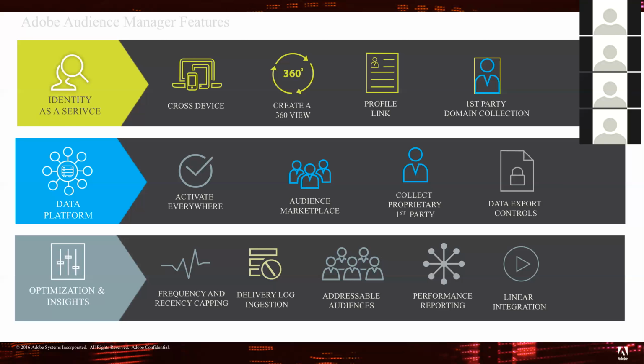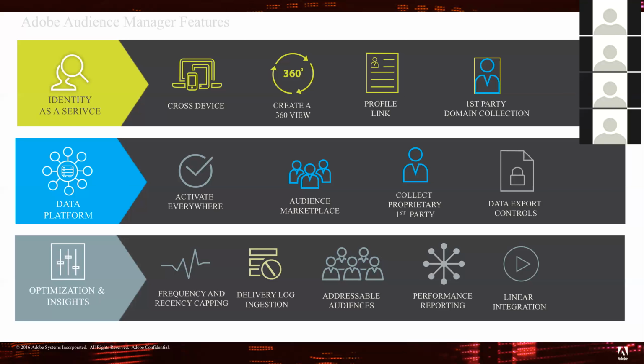Then there's another feature we're going to talk about in a second called lookalike modeling, where I can say, here's my 100 best customers. Give me everyone that has a similar media profile to these users. Pretty neat stuff.